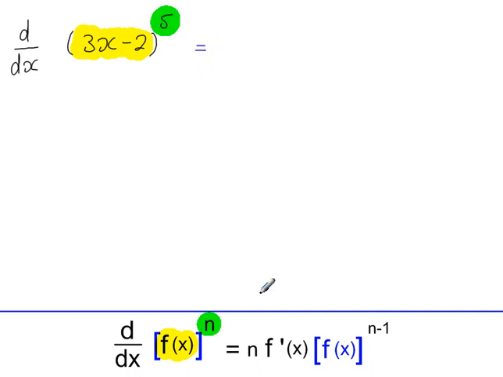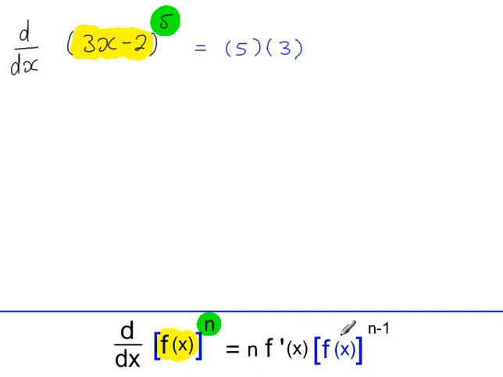So differentiating, we start off with n, so we start with 5 times the derivative of the function inside the brackets. So if we differentiate 3x minus 2, we get 3. So that's these two parts completed in the formula.